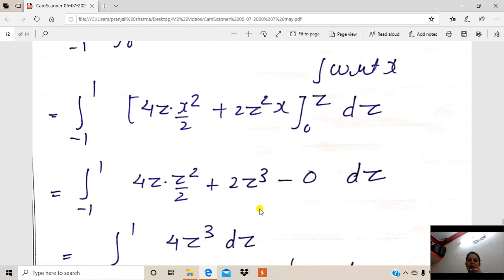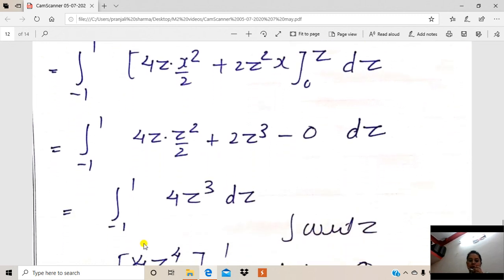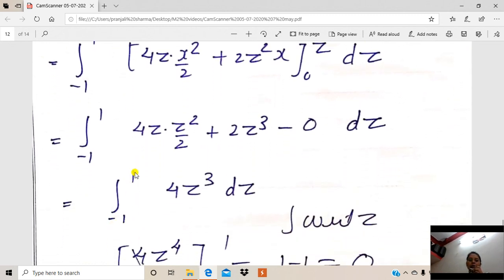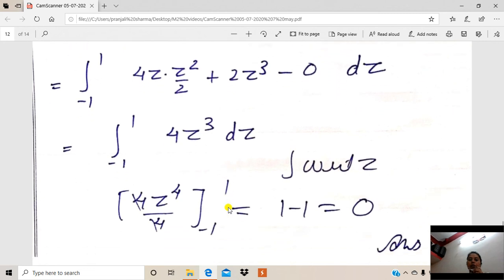So the integration is now 4z into z square by 2 plus 2z cube minus lower limit as 0. So if we calculate this, the final integration is now between the limits minus 1 to plus 1, 4z cube dz.